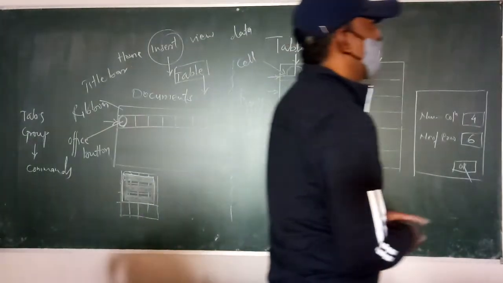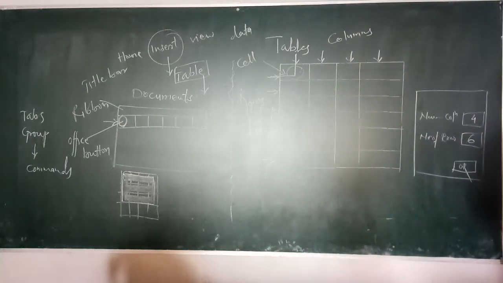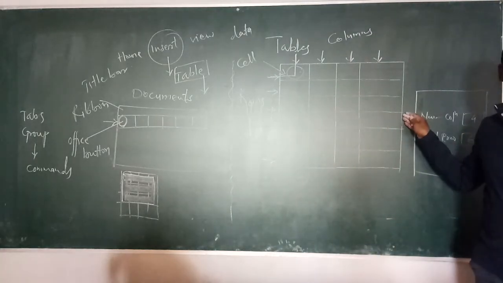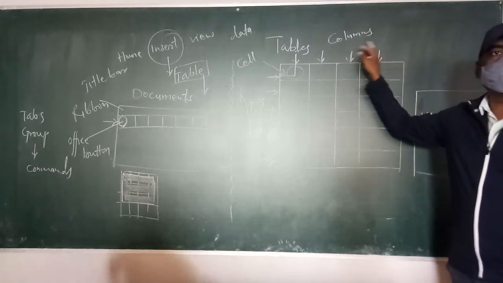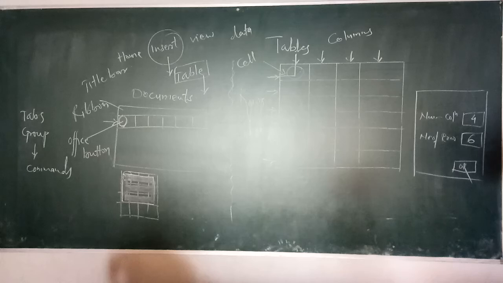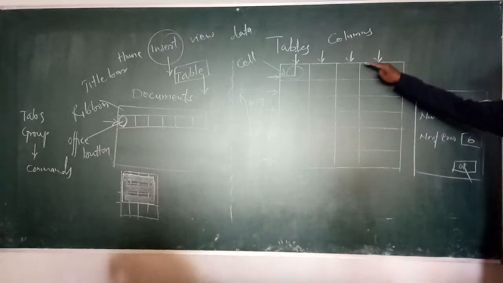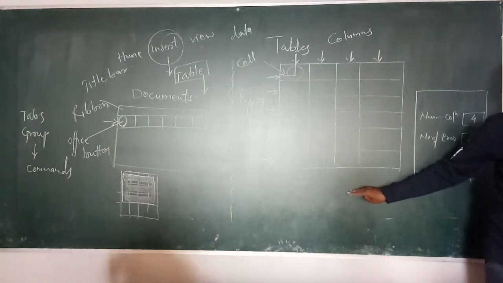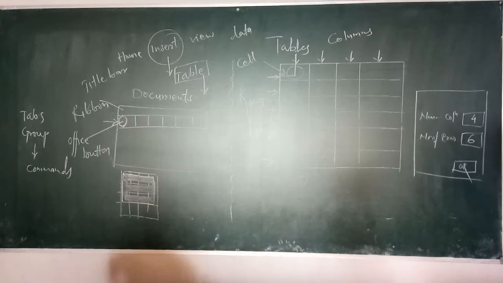Now after creating a table, you can add new rows in this table, and you can add new columns also. If you want to add a new column, you can use the Insert Column option, or if you want to add a new row in this table, you can use the Insert Row option. Which option is used to insert a new row or a new column?